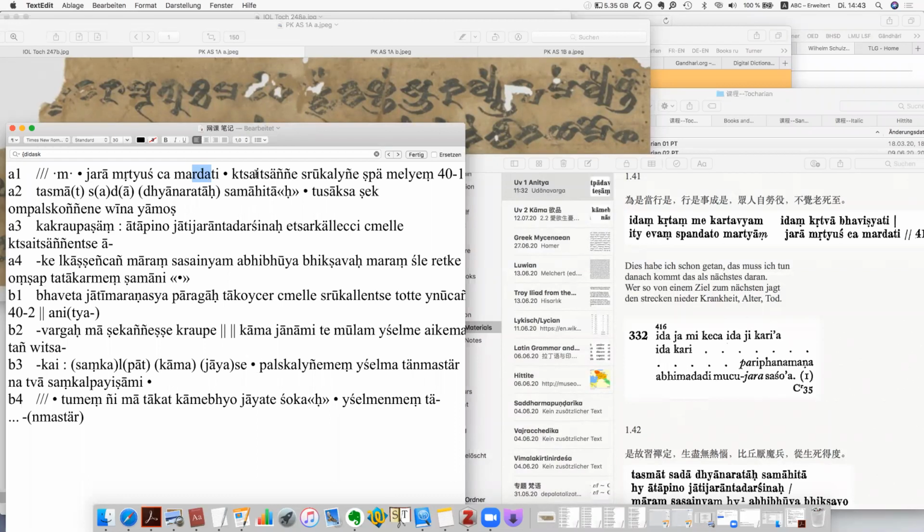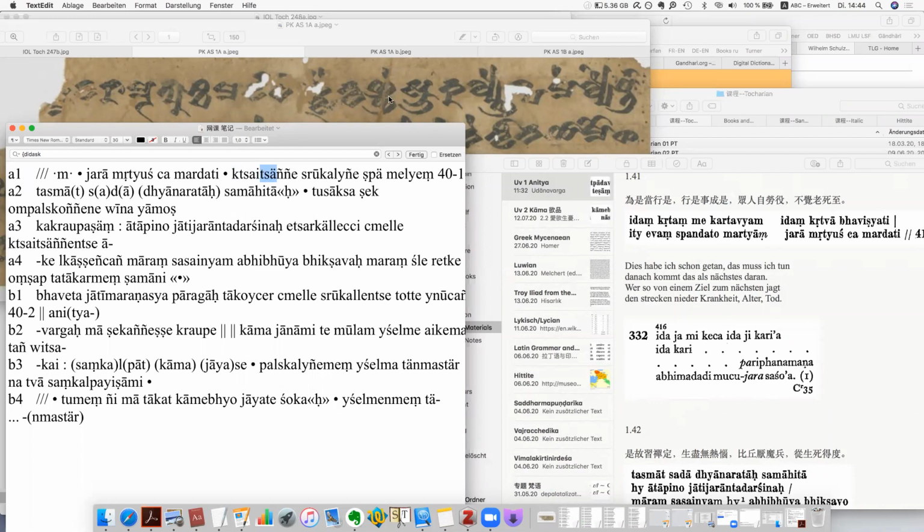So this is ktsai. And then again a t, but here is an s, which is a foreign sign, fremd zeichen, a special symbol of Tocharian. So it looks like an s. And this is t.